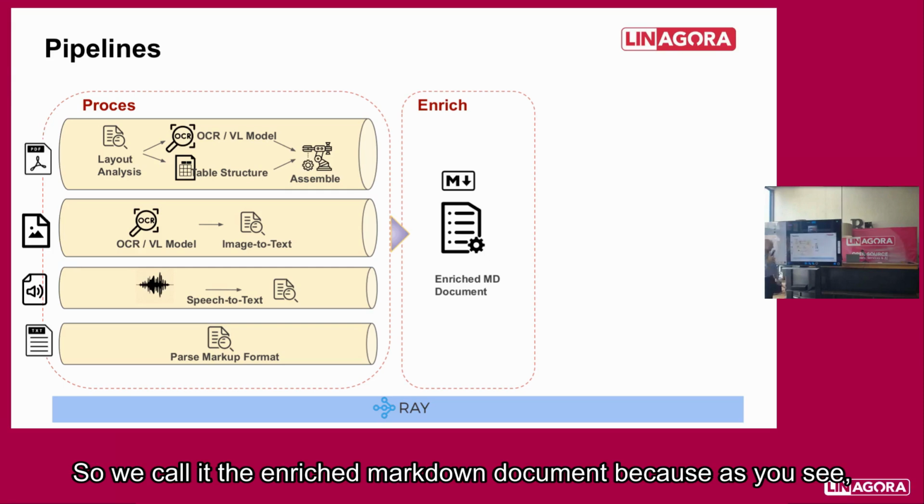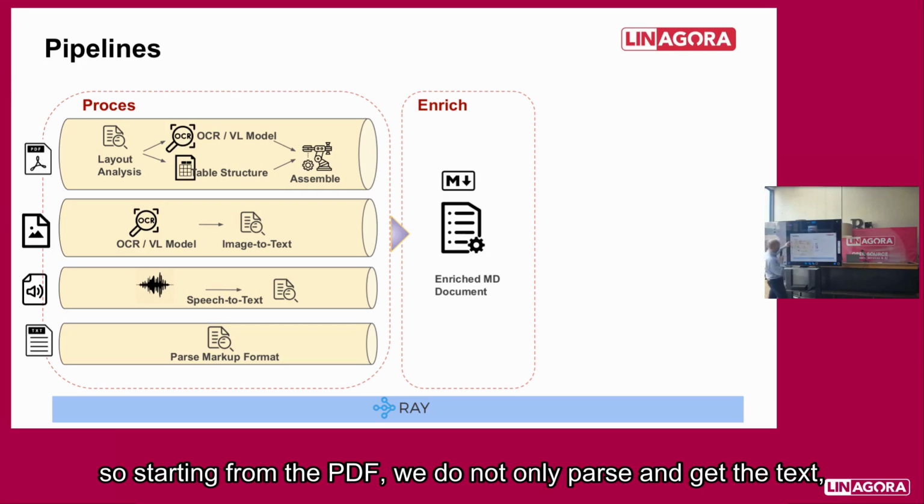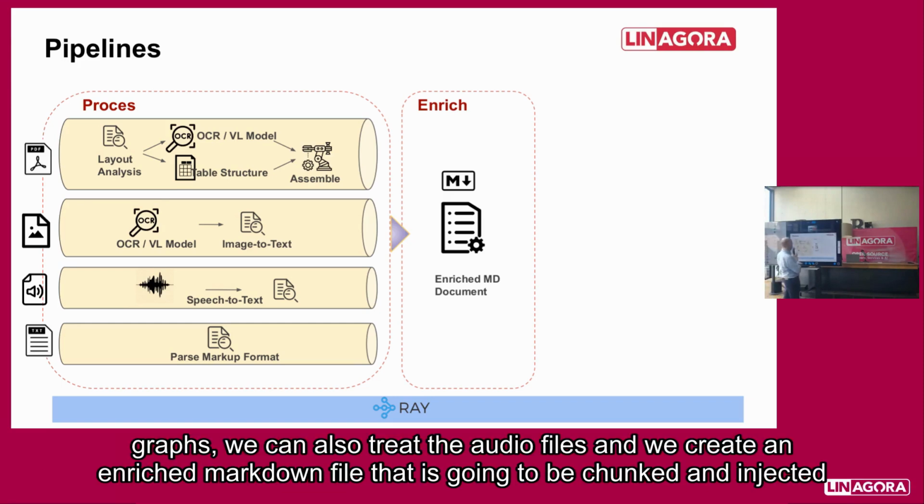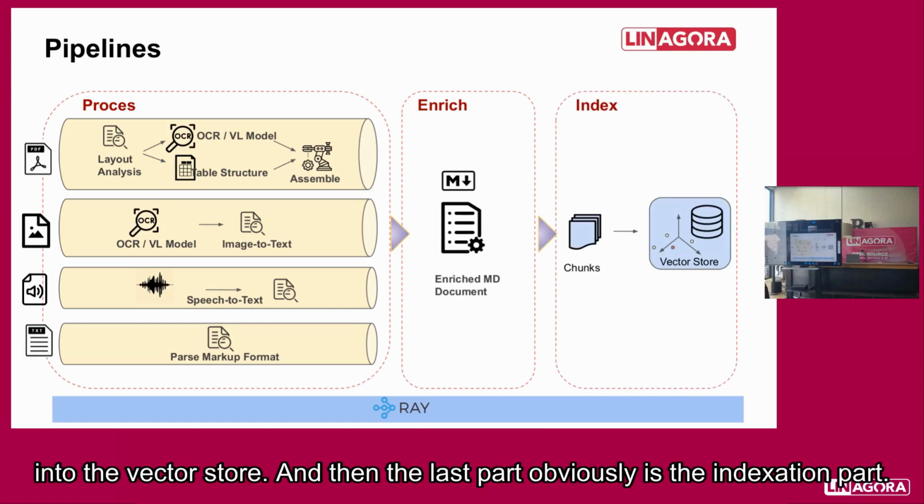So we call it enriched markdown document because, as you see, starting from the PDF, we do not only parse and get the text, but we also have the descriptions of visuals, of graphs. We can also treat the audio files, and we create an enriched markdown file that is gonna be chunked and injected into the vector store.